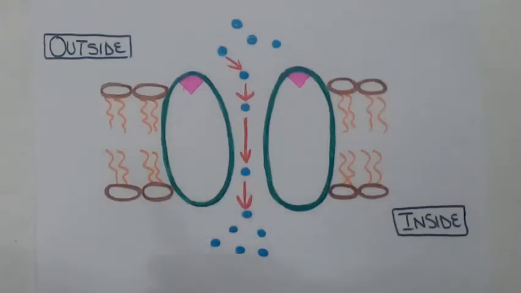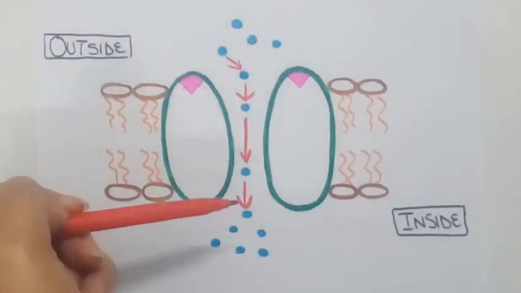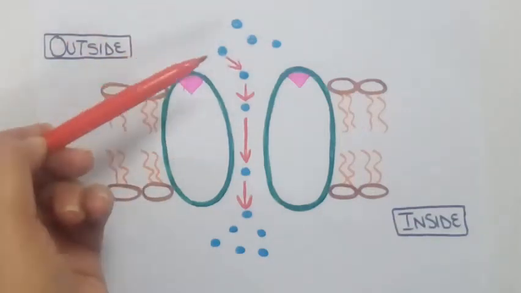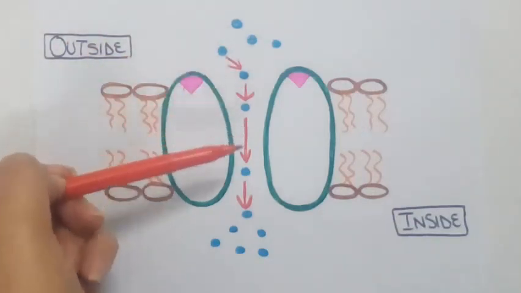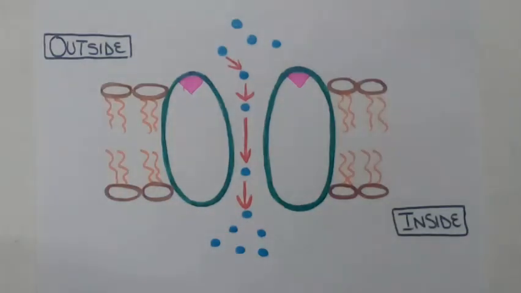The shape of these protein channels changes, resulting in the opening of this channel and allowing the passage of ions or molecules that are to be transported through this channel across the cell membrane.